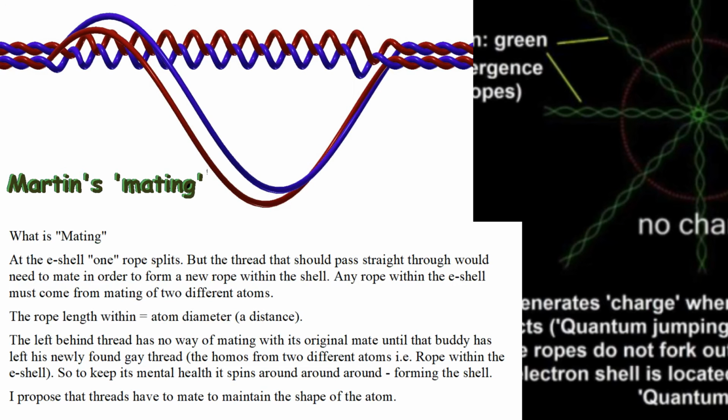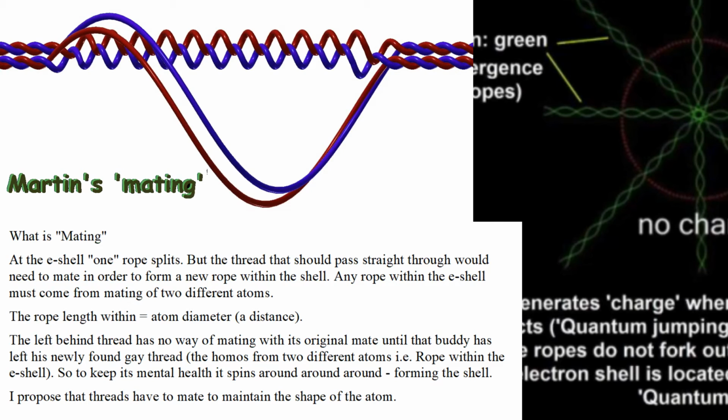He says, look, what is mating? At the E shell, one rope splits. In other words, you can say it forks out, but he's saying it splits. It does fork out, but he's going to do something with two of the threads from two different ropes. But the thread that should pass straight through would need to mate in order to form a new rope within the shell.